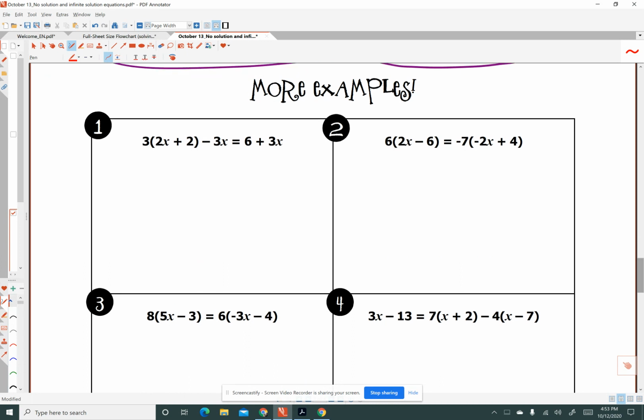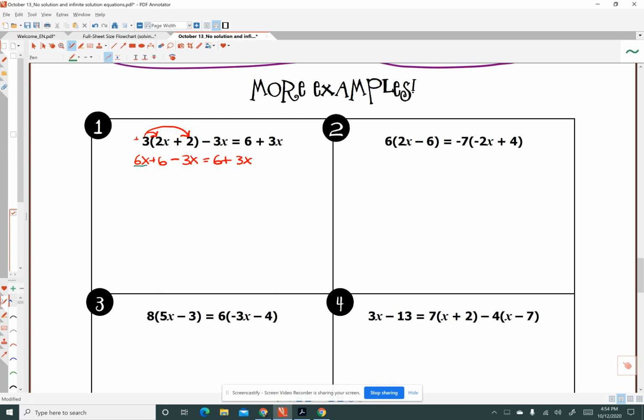We'll start here with number 1. The first thing I need to do is distribute the 3 through to the quantity within the parentheses, which is 2x plus 2. 3 times 2x is 6x. We have an invisible positive sign here. So positive 3 times positive 2 is positive 6. We have minus 3x equals 6 plus 3x. Now, we have some combining of like terms that we can do over here.